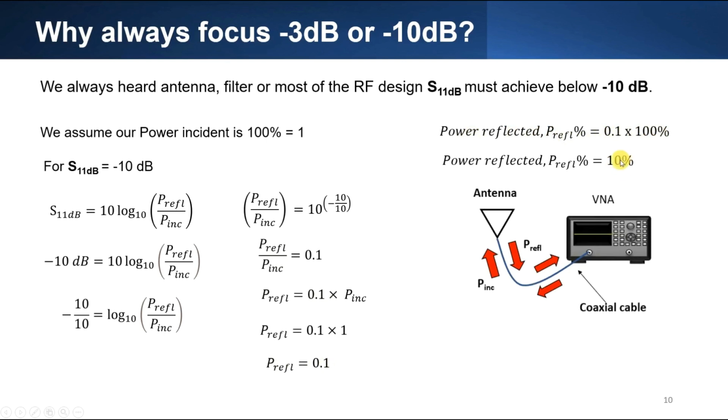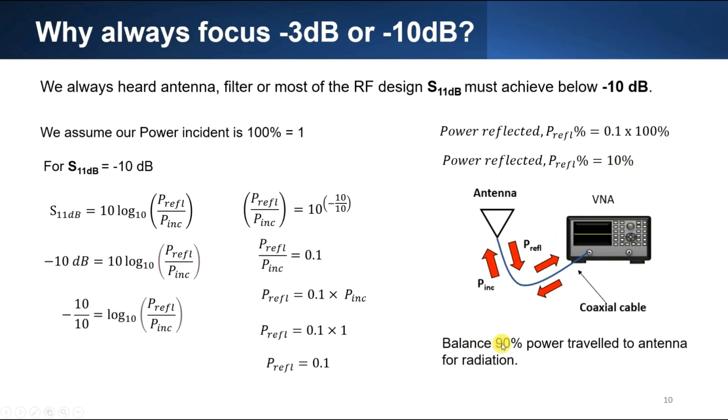This means that we have an incident power from the VNA to the antenna of 100%. When it travels to the antenna, some signal is reflected back, which is 10%. So where is the other balance of 90%?